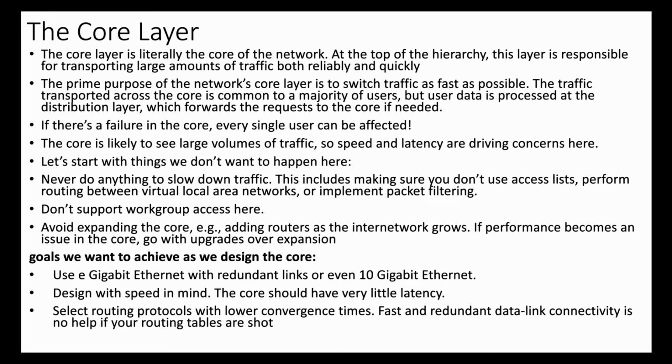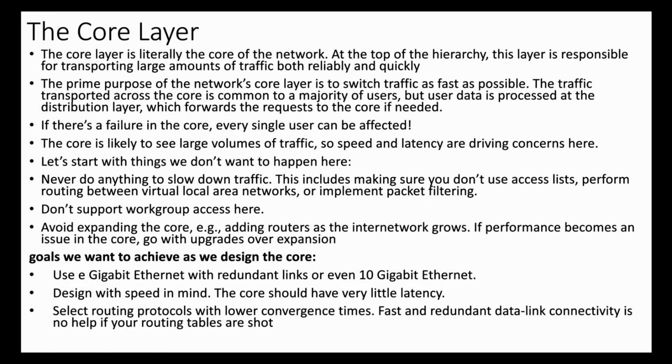Now let's speak about the core layer. The core layer is literally the core of the network. At the top of the hierarchy, this layer is responsible for transporting large amounts of traffic both reliably and quickly. The primary purpose of the network core layer is to switch traffic as fast as possible.